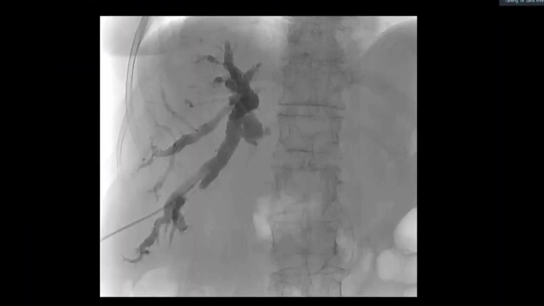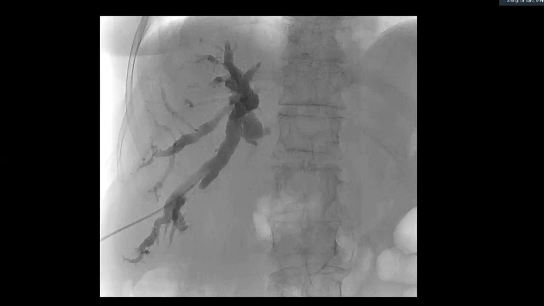Okay, I'm provided with spot image of cholangiogram, which is likely percutaneous cholangiogram. And on the given images, I'm able to appreciate that there appears to be dilated intrahepatic biliary channels with some stenosis and irregular dilatation, and no opacification of the extrahepatic biliary channels is noted, along with no opacification of the gallbladder.